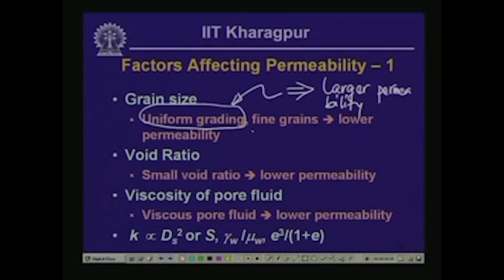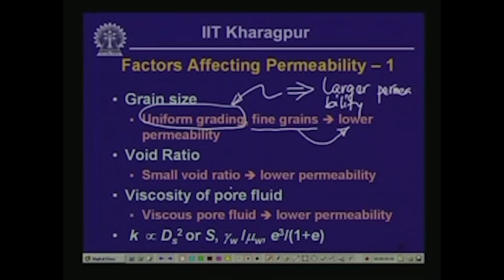So, the movement of the water within the interstitial pore space is going to be inhibited by the capillary tension. So, that in fact is going to lead to a smaller permeability.